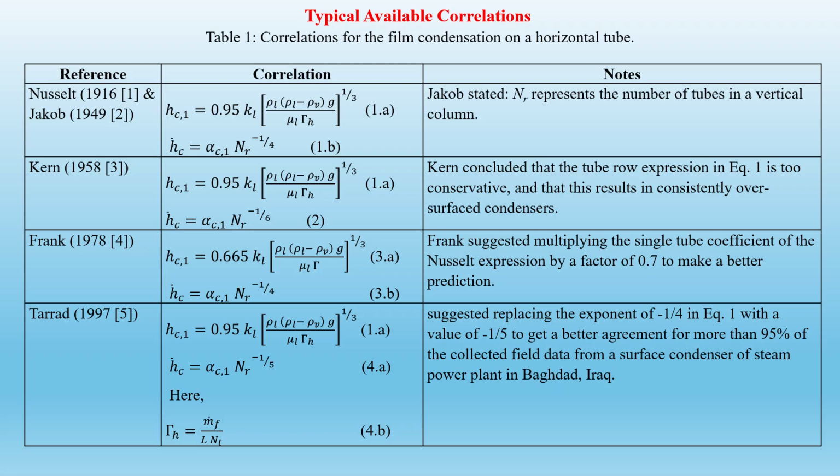And finally, Tarad in 1997, again, he has based his equation on Nusselt equation 1a, and nr is raised to the power minus 1 over 5. And this suggestion was based on the assumption or fitting of the available experimental data as collected from steam condensers in power plant.